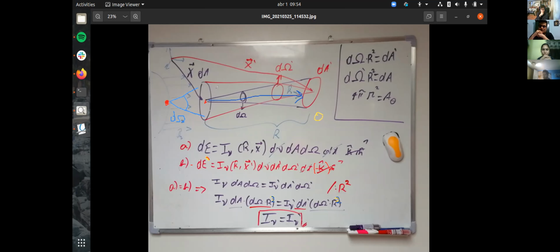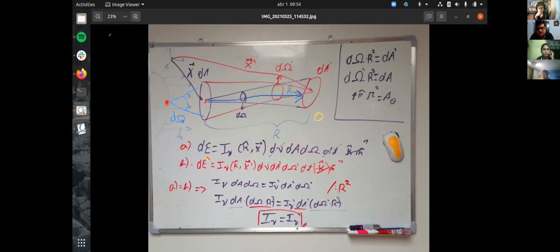Now, if the sun is infinitely far away, then I nu is almost like a delta function going straight ahead, and there's no radiation field in the neighboring direction. But that's an extreme case when it's infinitely far away.